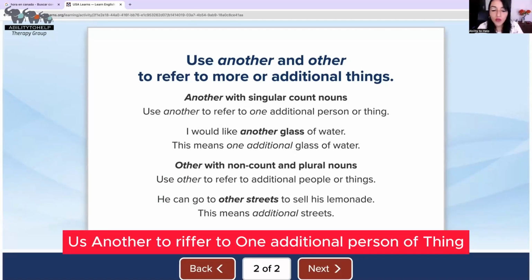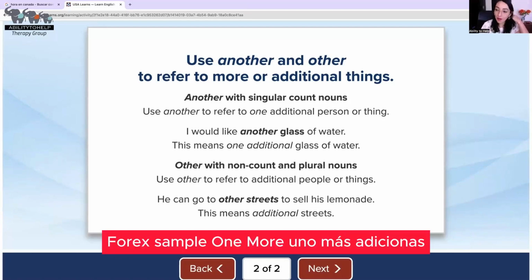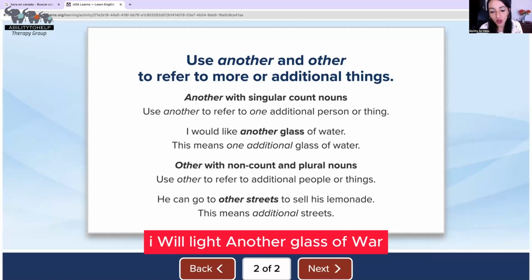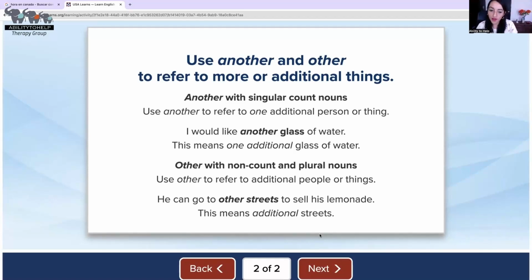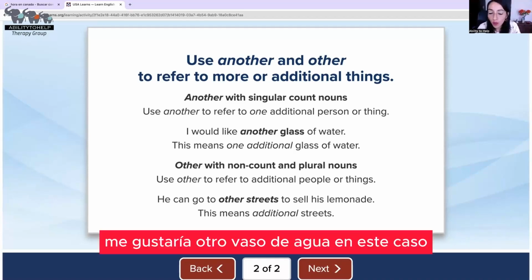Use another to refer to one additional person or thing. For example, one more, uno más. I would like another glass of water. Me gustaría otro vaso de agua.